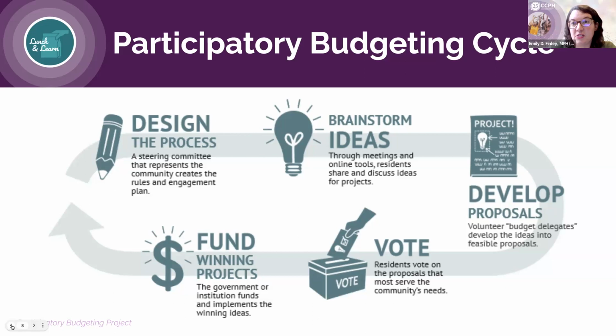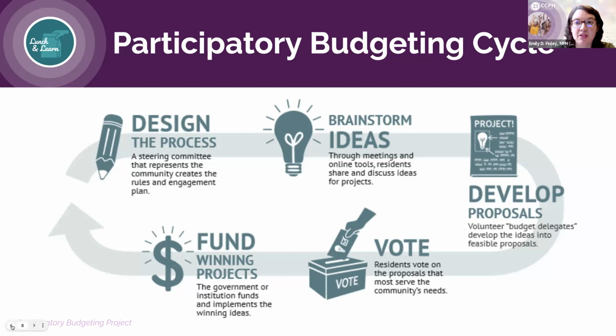While all participatory budgeting processes are different, this slide shows the typical cycle in 5 steps. First, is to design the process. Typically a steering committee or advisory board that represents a community group will create rules and engagement to guide the budgeting process.